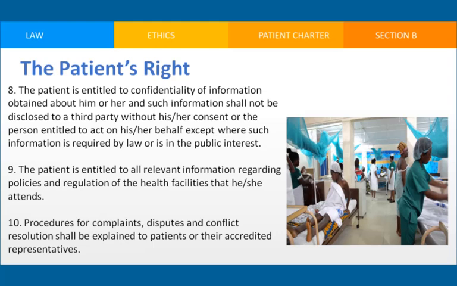Number 9, the patient is entitled to all relevant information regarding policies and regulations of the health facilities that he or she attends. All right, so whichever policy the hospital or the pharmacy has, the patient has the right to know. Number 10, procedures for complaints, disputes, and conflict resolution shall be explained to the patient or their accredited representatives.